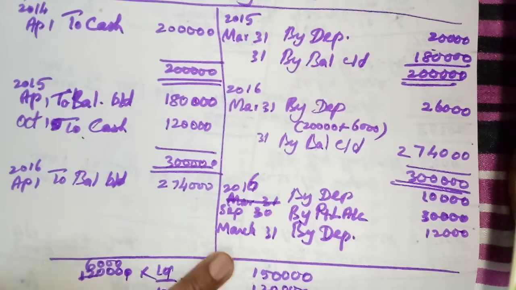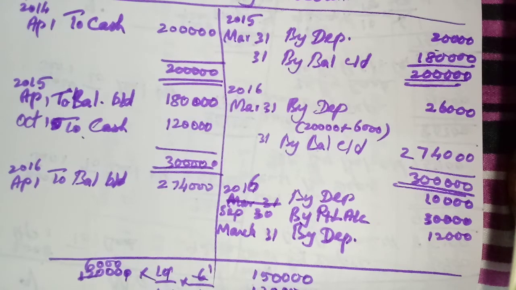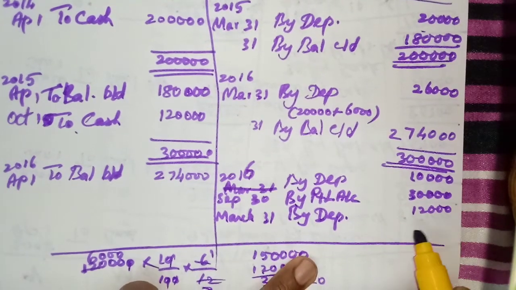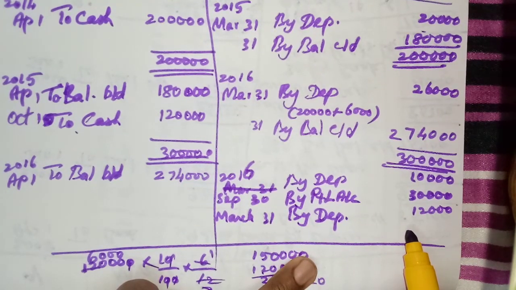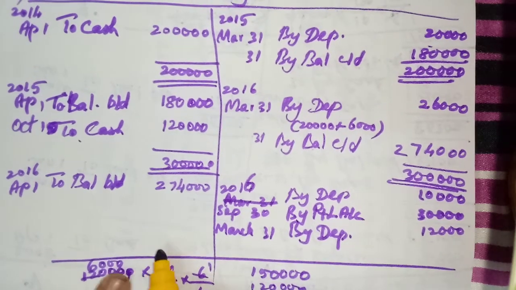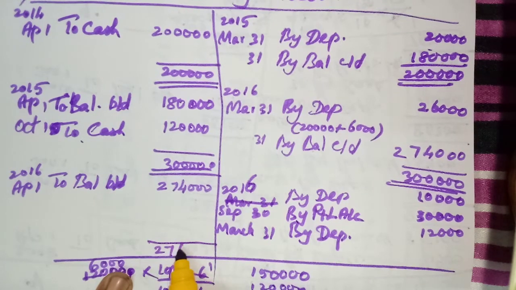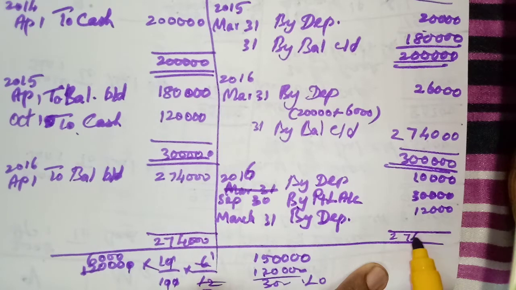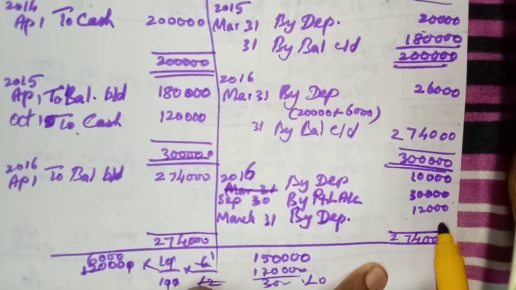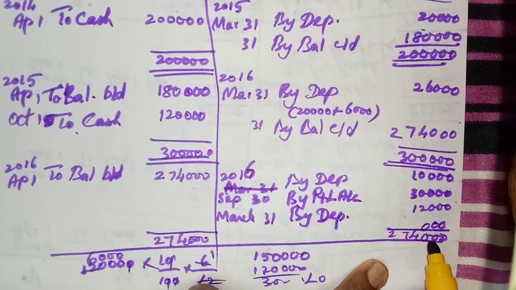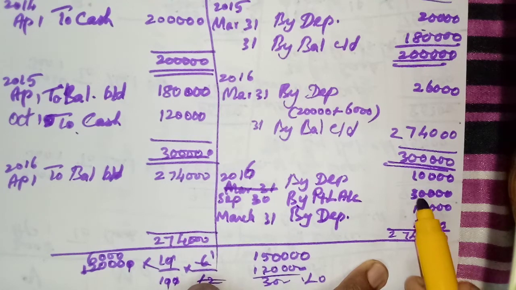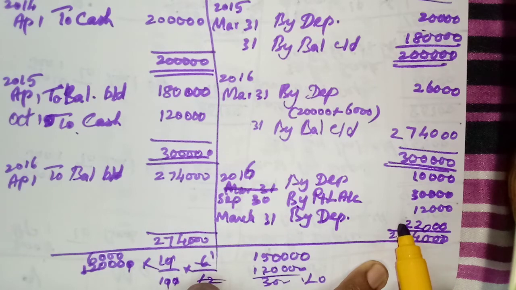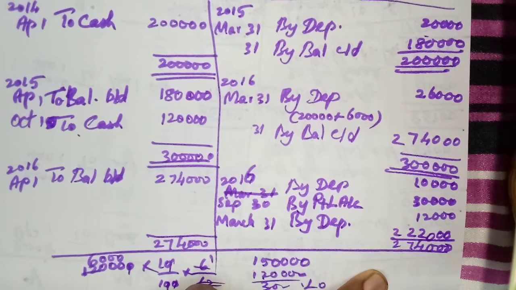Okay, 12,000. Now depreciation is calculated. So we need to balance this account. 2,74,000. 2 plus 2, 4, 4, 5, 5 plus 2, 7, then 2. 2,22,000.